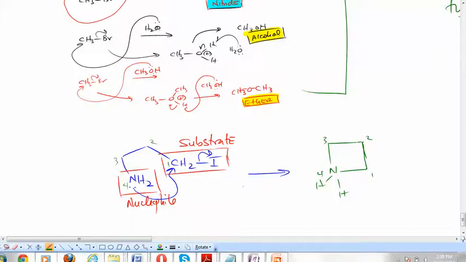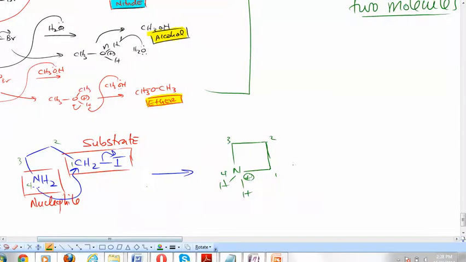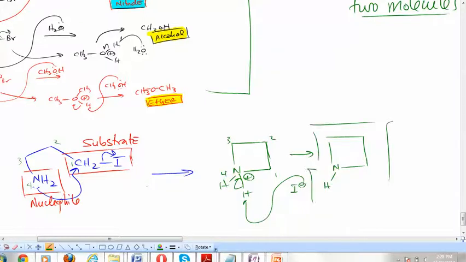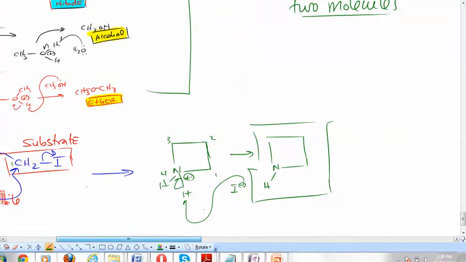On the fourth position, I have this NH2 group. This here is going to have a positive charge, so I will just have to deprotonate. I generate I minus, and I can use that I minus to deprotonate one of these hydrogens to form this.